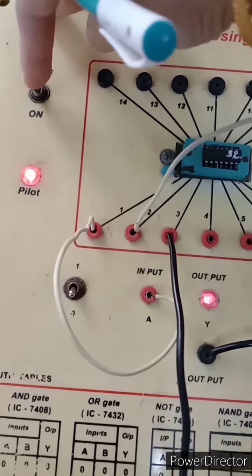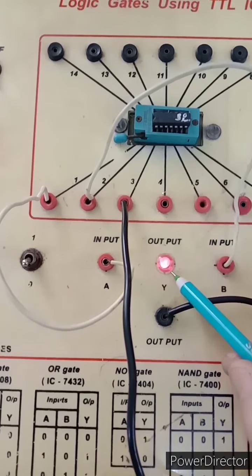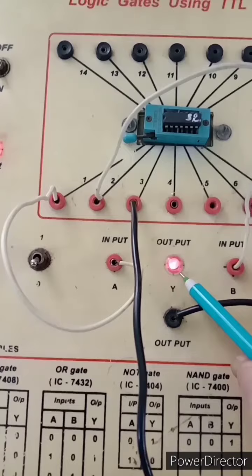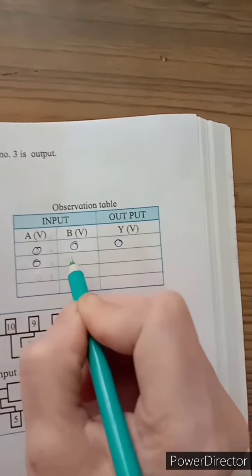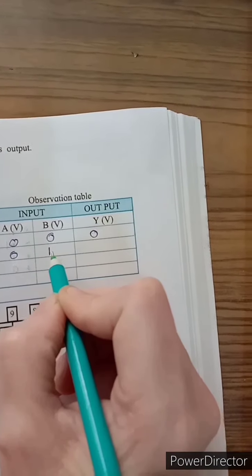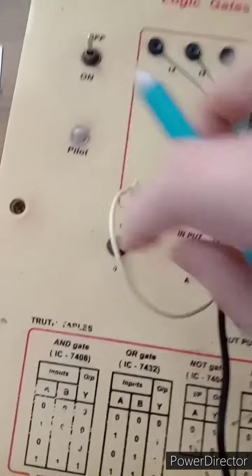Switch on. Now the output is high as this terminal glows. Switch off. So I will write down for A input 0, B input 1, that is high, output is 1.